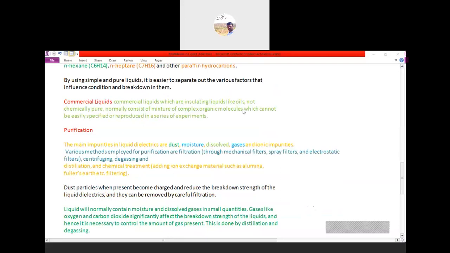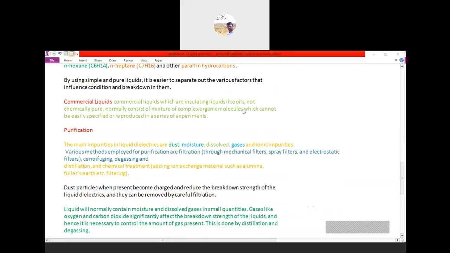Pure liquids are those which are chemically pure and do not contain any other impurity, not even traces of 1 in 10 to the power of 9. They should be structurally simple.